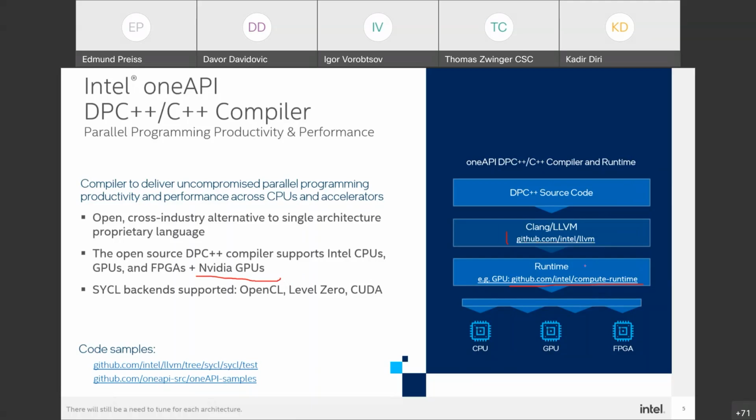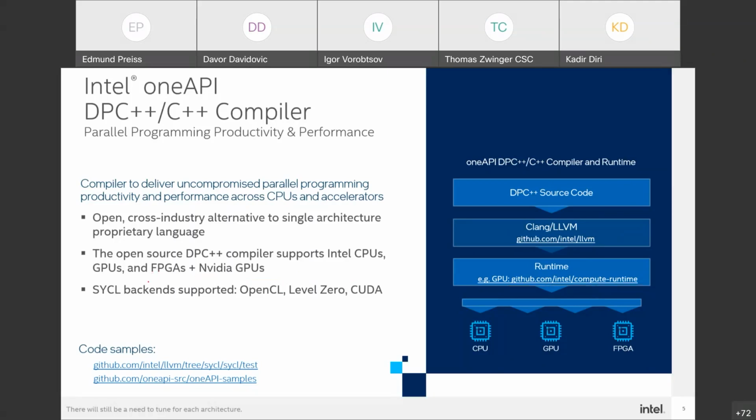So in the open source project, you're getting support not only for Intel CPUs, GPUs, and FPGAs, but also for NVIDIA GPUs and AMD GPUs. I think one correction to my statements: in the open source project, we don't ship FPGA support as far as I remember, but maybe I'm wrong.